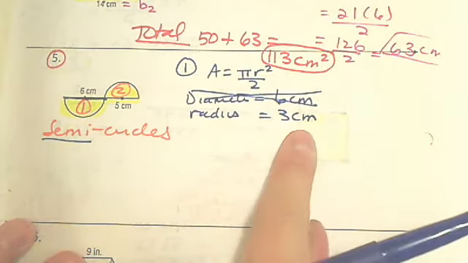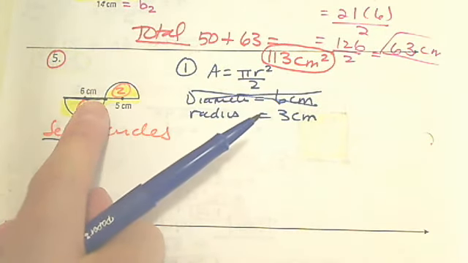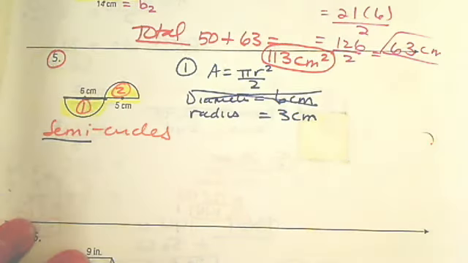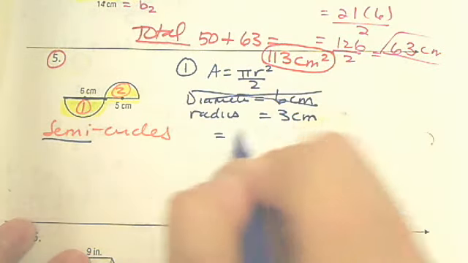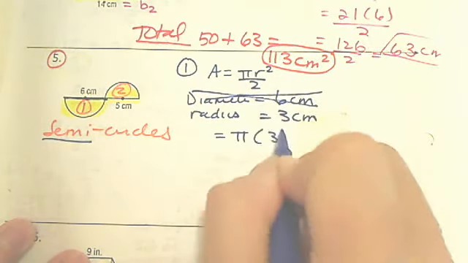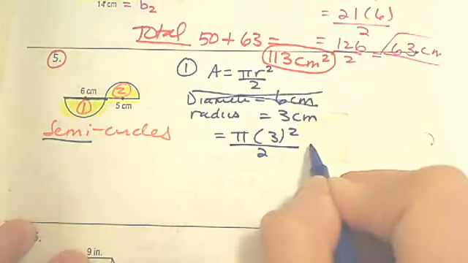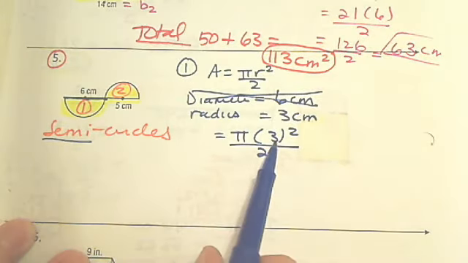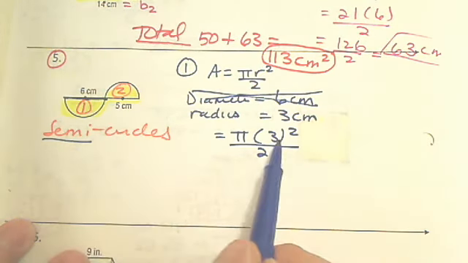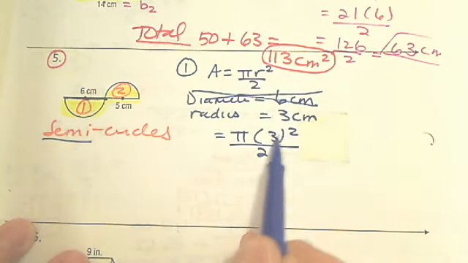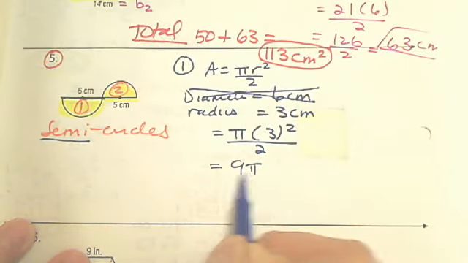So again, the radius is 3 for the small one. So pi times 3 squared divided by 2. Again, 3 squared, Nestor. 3 comes from the radius. 3 squared is 9. 9 pi divided by 2.